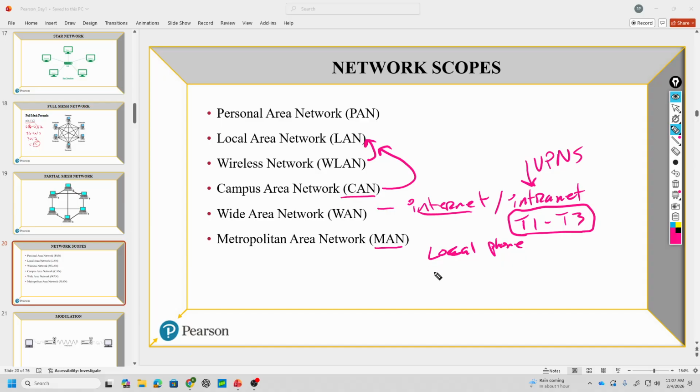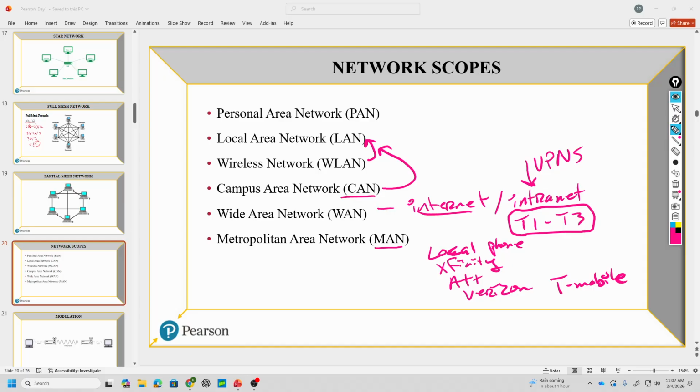You might have Xfinity, AT&T, Verizon, T-Mobile, right, and the list goes on.